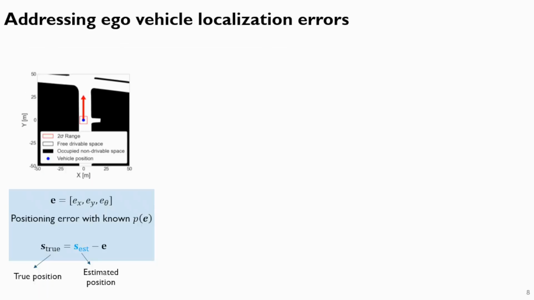Okay, now let's talk about the main issue. How do we deal with these localization errors? In practice, these localization errors are random and they are not known, right? But what we know is the statistics of these errors. For example, you could say that with 99% probability, the localization error is within a 2-meter ball, okay?